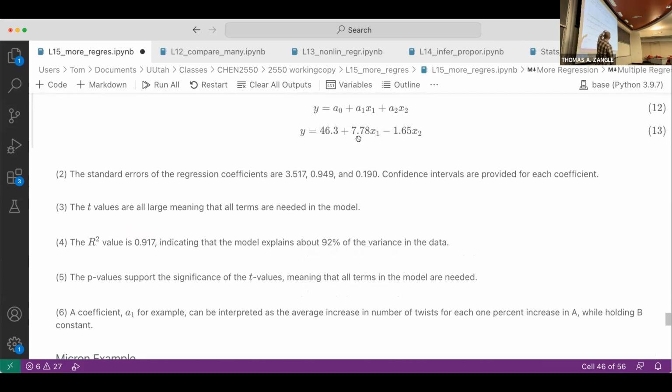So those parameters now tell us how much the output changes as a function of our two inputs. If that makes sense. We could also then use this to predict for a given percent A and percent B, what is our best prediction of the number of twists that we would see in this material before failure.